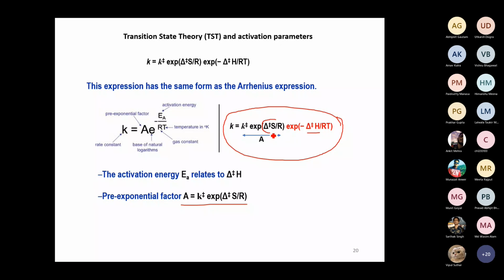We got new parameters: one is del S of activation, another is del H of activation. These we got from the transition state theory. What is del S? It is the change of entropy of activation. Del H is the change of enthalpy.